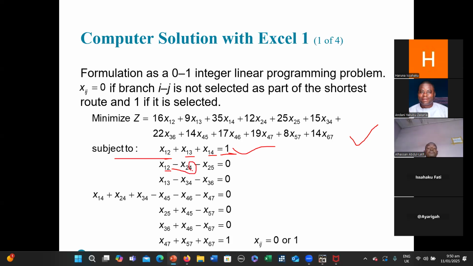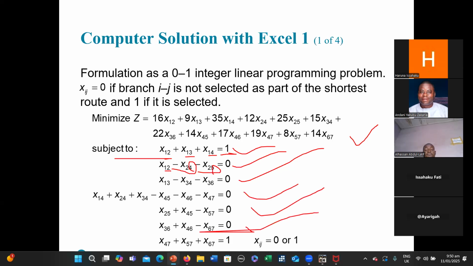So you see 2, 4. And from 2 again, you can move to 5 from that diagram. So this represents the constraint on node 2. This on node 3, node 4, node 5, node 6.